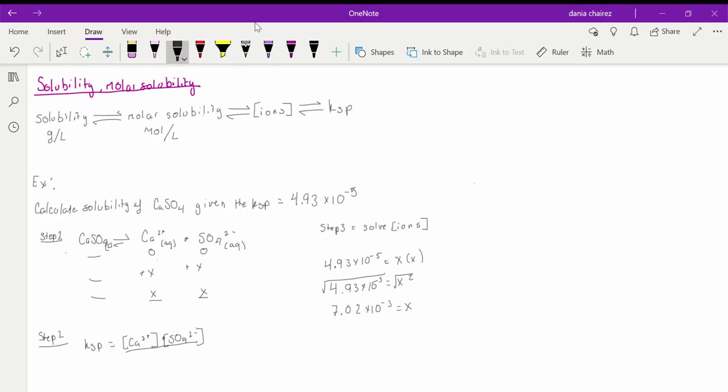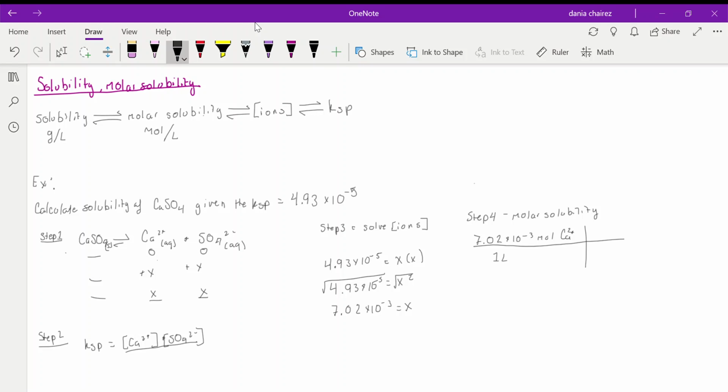So then in our step 4, we find our molar solubility by using our molar ratio. So essentially what we have here is 7.02 times 10 to the negative 3 moles per 1 liter of, let's say, calcium, just because that's the first one that I saw.